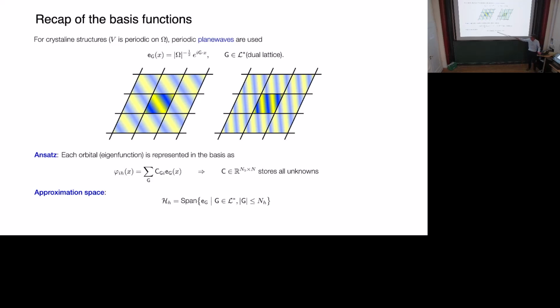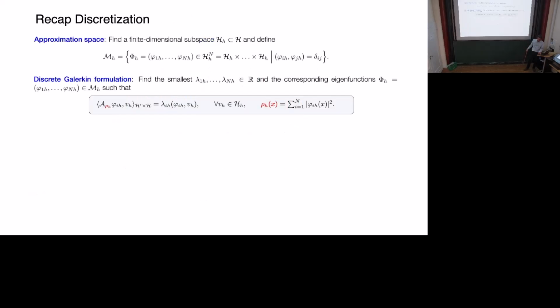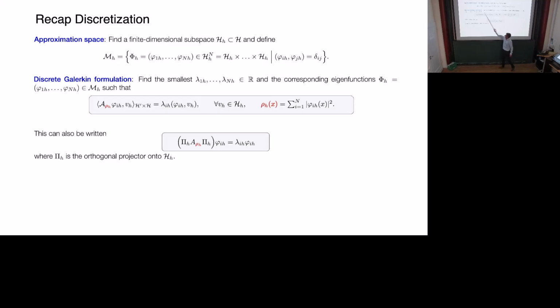And we use here a certain span of these as the approximation space. Then this is the discrete formulation, and instead of writing it like this, you can put here the projector onto the discrete subspace, and here I have the original operator, and this is equivalent to this. It's a different way to write the eigenvalue problem.